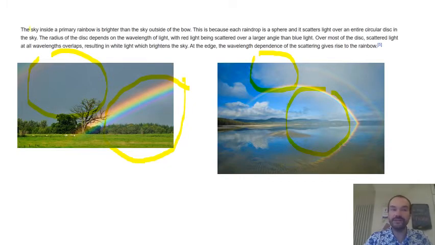The sky inside a primary rainbow, and a secondary rainbow, is brighter than the sky outside. And then there's the definition: it's because each rainbow is a sphere, it scatters light over an entire circular disk in the sky, and so on. You haven't imagined it. If you've always thought it was brighter under the rainbow, you were right.